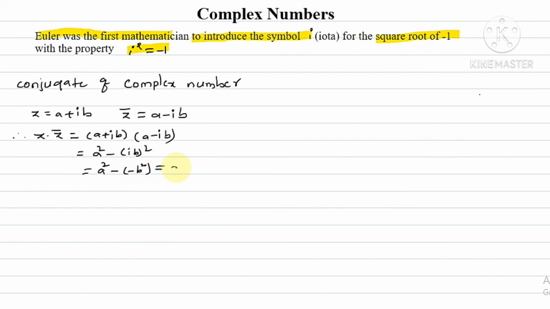So we get a square plus b square, that is z into z bar, which implies a square plus b square. So this is nothing but mod z whole square. Mod z means modulus, whole square. So this is the formula: z into z bar equal to mod z whole square.